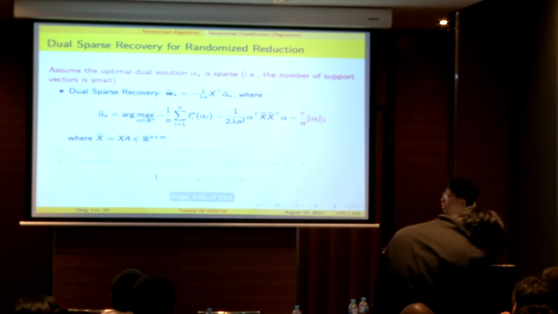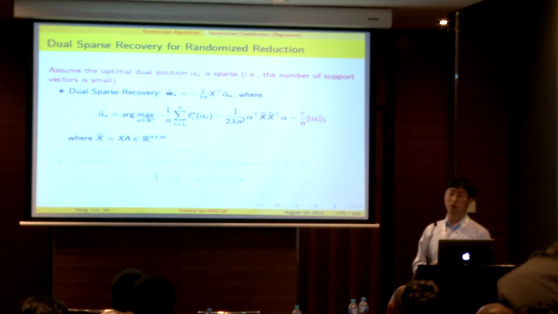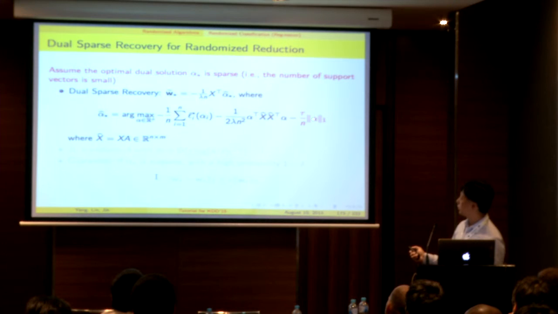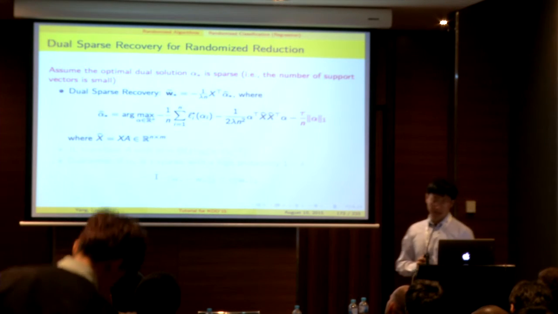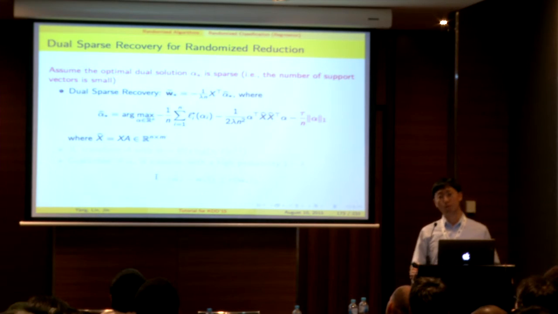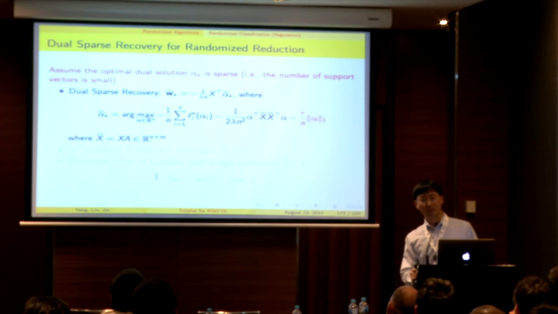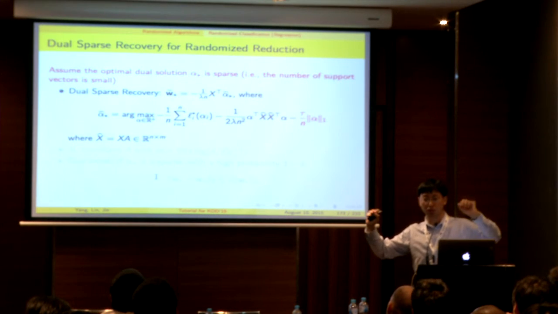So here in the dual formulation, instead of solving this part, we add our L1 regularization term here. This is the L1 norm on the dual variable alpha, and tau is the regularization parameter. The idea is that originally we have large-scale high-dimensional data, and alpha star is sparse, which means that many examples are non-support vectors. Mostly they are linearly separable.